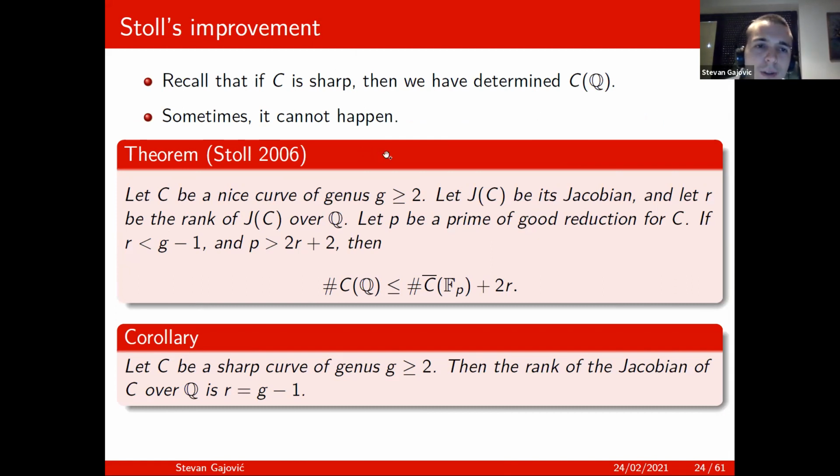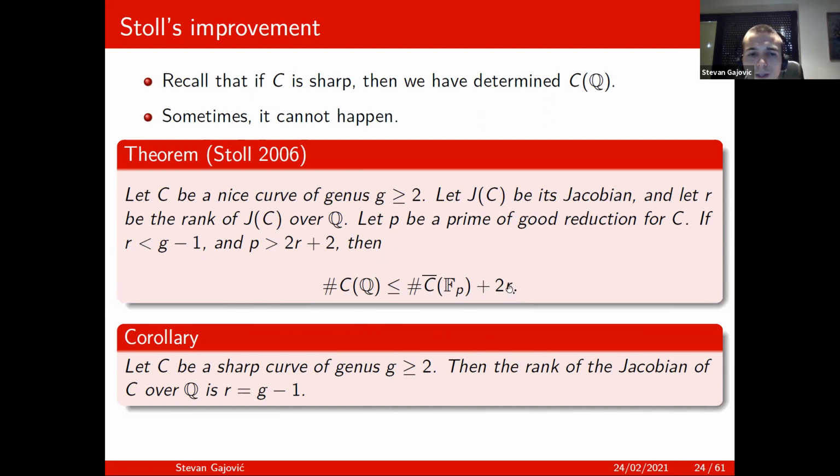For example, the theorem by Michael Stoll improves the theorem by Coleman, by saying that if the rank is strictly less than g minus 1, where Coleman required rank less than or equal to g minus 1, and then again we have some bound on p due to Strassmann's theorem, then the number of rational points can be bounded by the number of points over F_p plus 2r, where r is this rank.